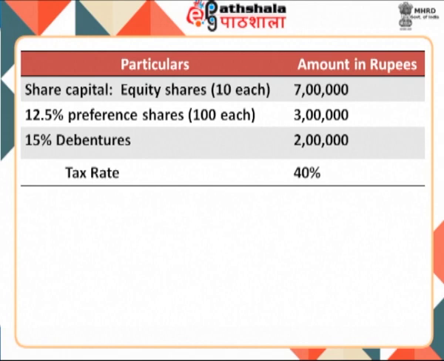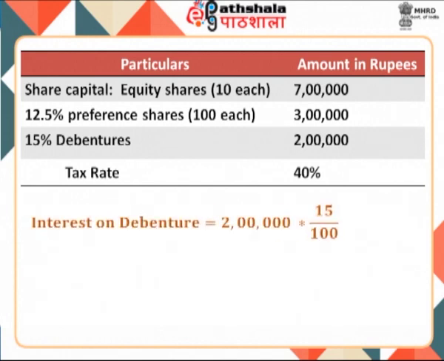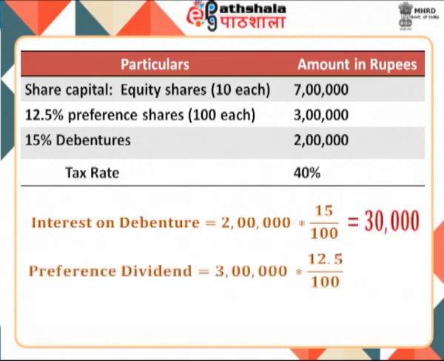Tax rate 40%. Now, interest on debentures is equal to 2 lakh multiplied by 15 divided by 100, which is equal to 30,000. Preference dividend is equal to 3 lakh multiplied by 12.5 divided by 100, which comes out to be 37,500.